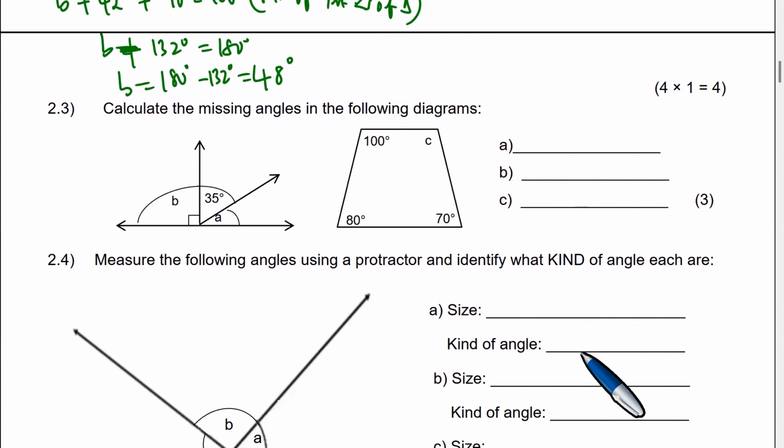Right, let's look at 2.3. Calculate the missing angles in the following diagrams. A, B, C. According to you, what is the size of angle A and why?